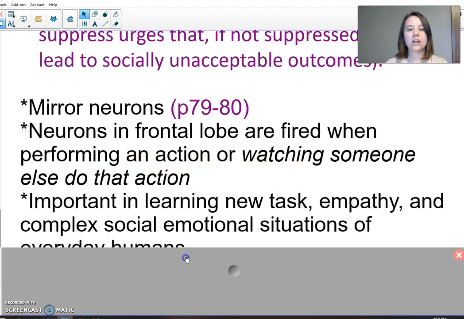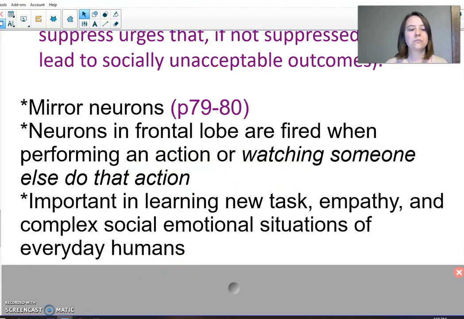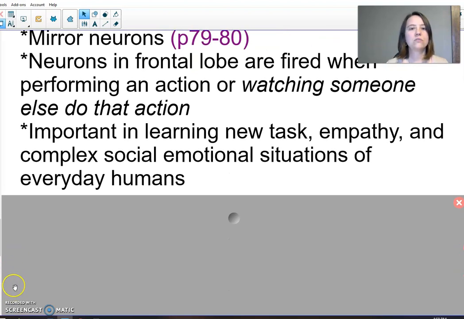So that's pretty cool, and it has quite a few implications. These are important in learning a new task. Perhaps there's a new basketball drill and you watch somebody do that, and then you're able to do that yourself. It makes it easier for you to learn that. Empathy: if you see someone who's sad and perhaps you feel a little sad, that is empathy, and you're better able to figure out what it would feel like if I were in their shoes.